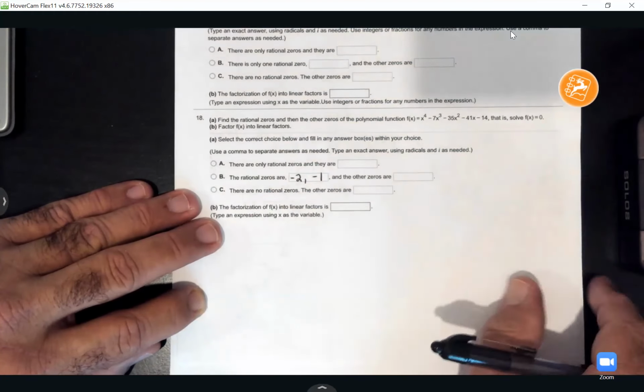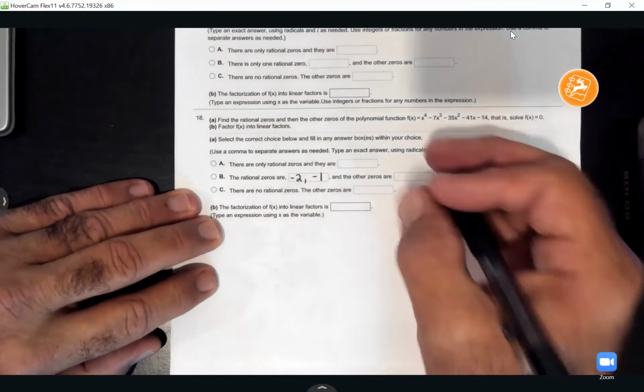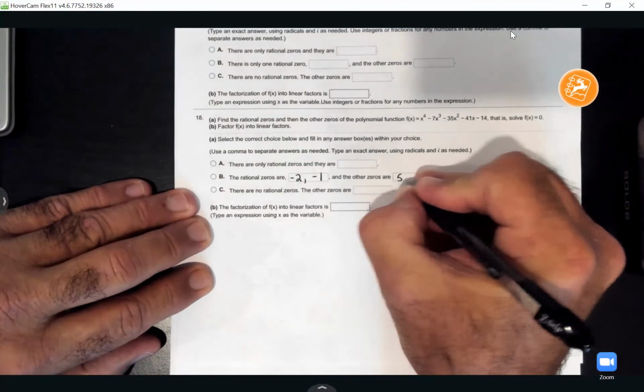The other zeros were that stuff I got with the radical. So that would be the 5 plus or minus 4 square root of 2. So that one, you do have to separate into your rational zeros and your radical zeros.